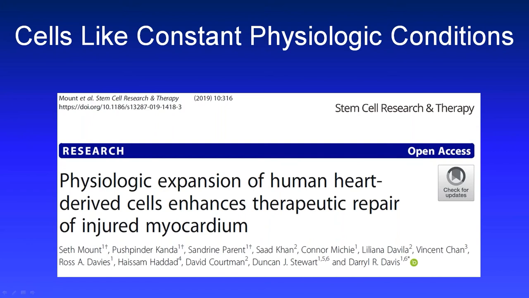It's a recent one that's shown that constant physiologic oxygen and temperature really made a big difference for cardiac-derived cells in a production process. And we'd be happy to share this paper with you or any of our other customer publications. Let me know if you're interested in a particular cell model, and I can help provide some of that information for you.